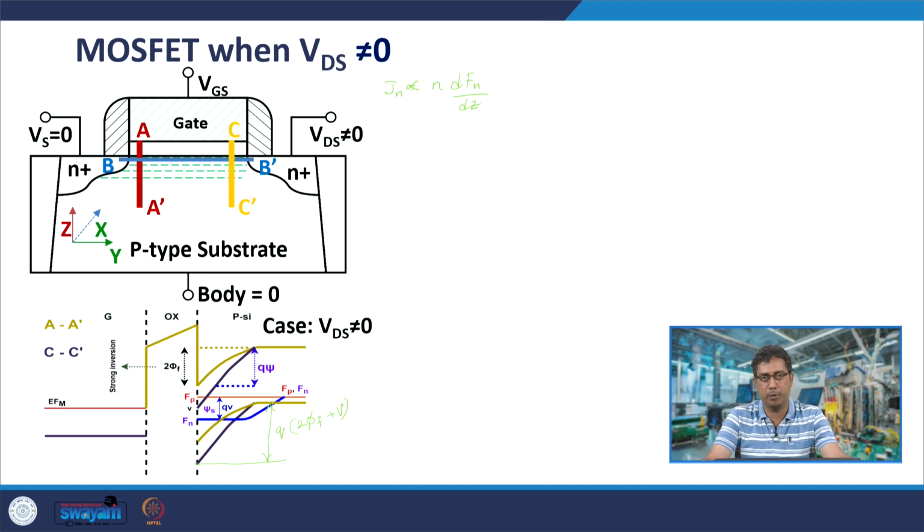Since n increases exponentially, dFn by dz would be near 0 as you move from C prime to C.